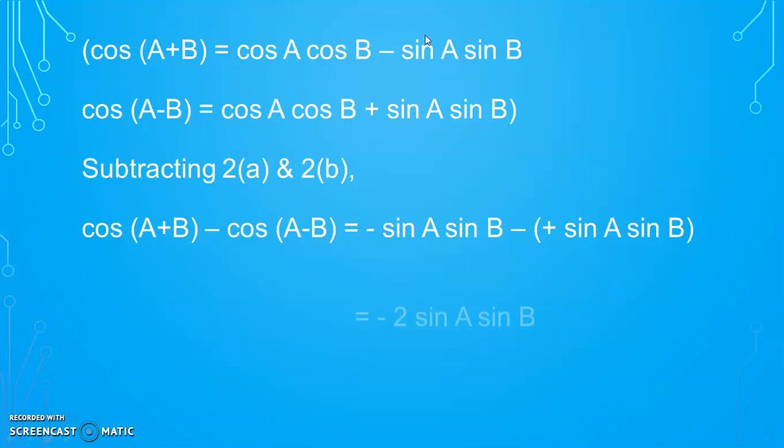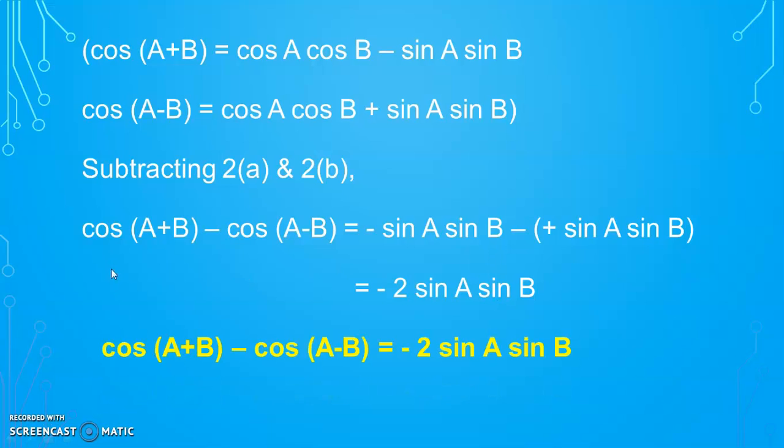Adding the remaining, we get minus 2 sin A sin B. So cos(A+B) minus cos(A−B) is equal to minus 2 sin A sin B. In the same manner, sin A sin B is equal to minus 1 by 2 into cos(A+B) minus cos(A−B), or you can write sin A sin B is equal to 1 by 2 into cos(A−B) minus cos(A+B) also.